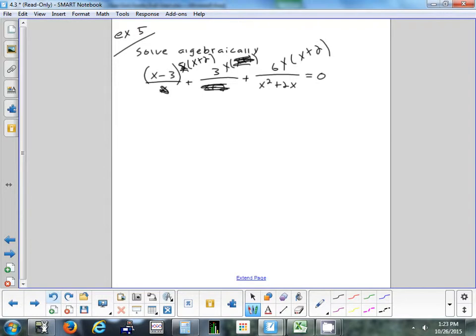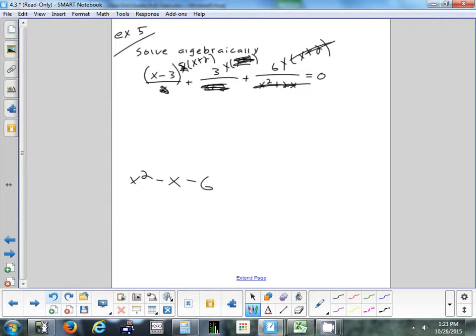And last one, everything cancels out except the numerator. Okay, so we're going to be left with x squared. I'm going to distribute it out. Plus 2 minus 3 minus x minus 6.